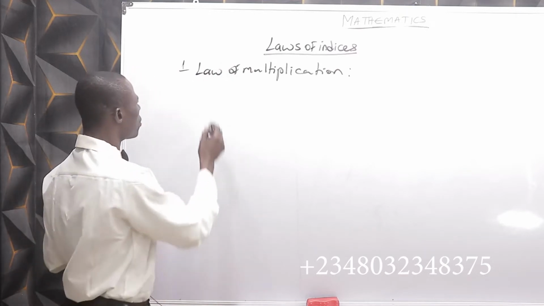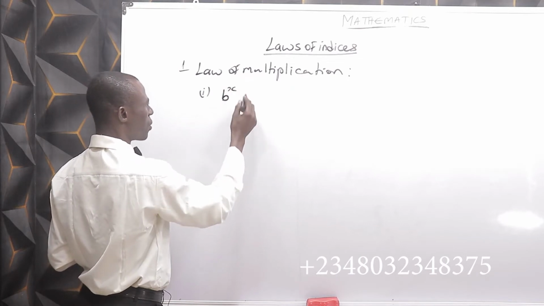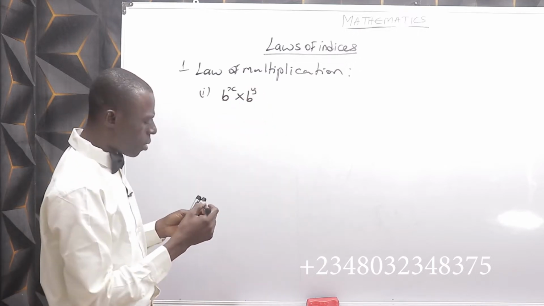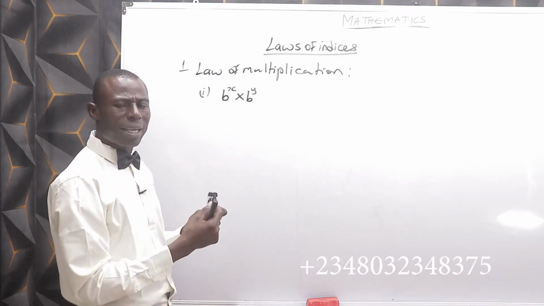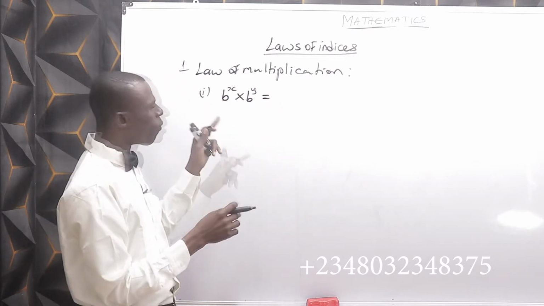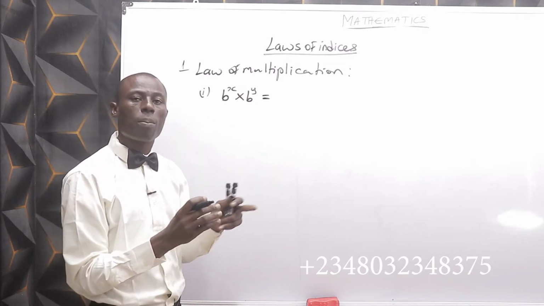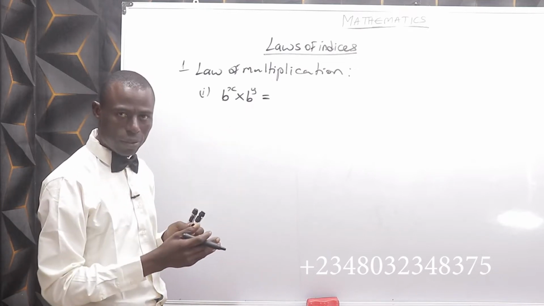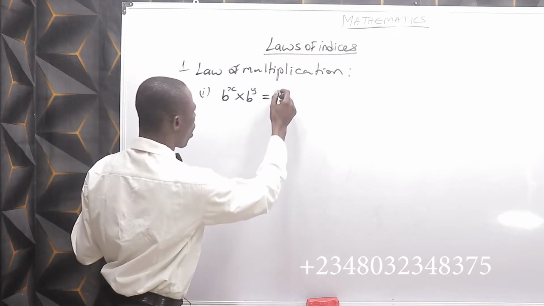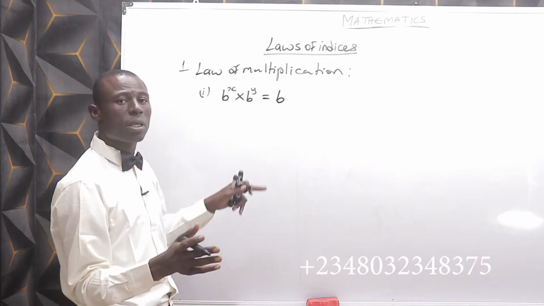In this law, Roman figure 1, if you have b raised to power x times b raised to power y, the product of these two index numbers will be expressed using the law of multiplication in indices, whereby when we have a common base of two or more numbers and we want to find their product, we take one of the base, since the base is common to them, base b.